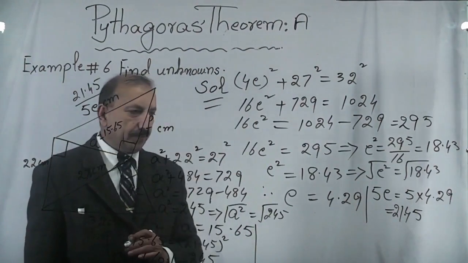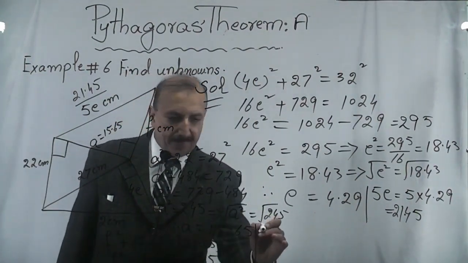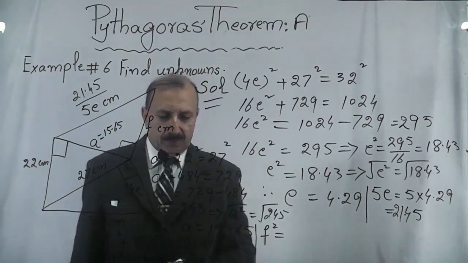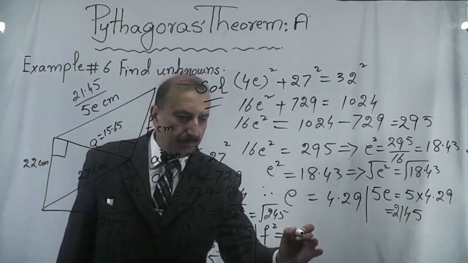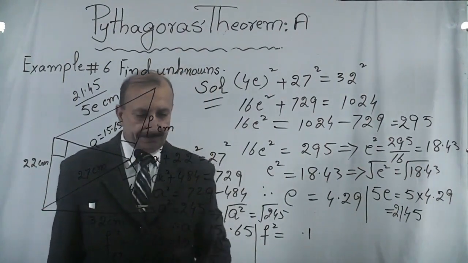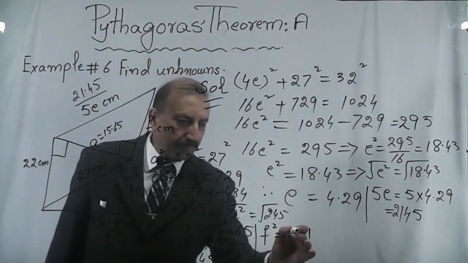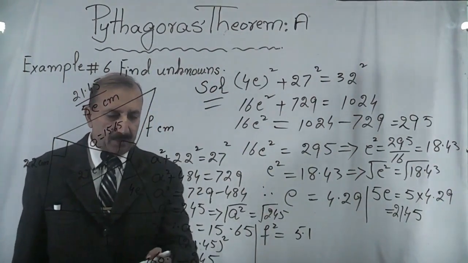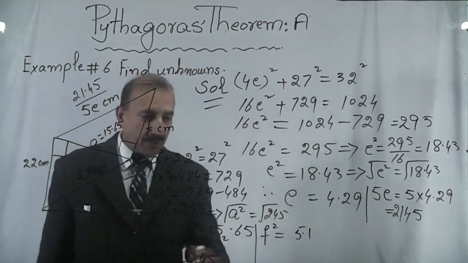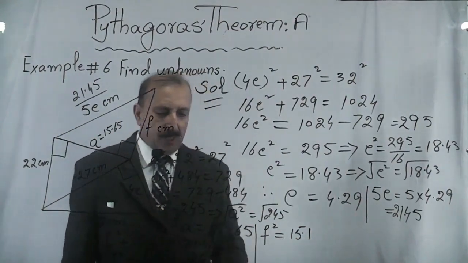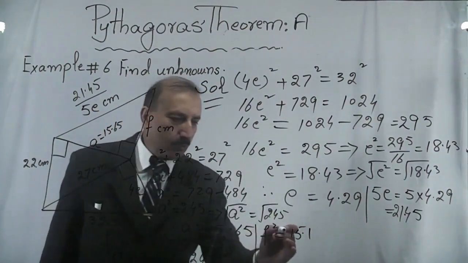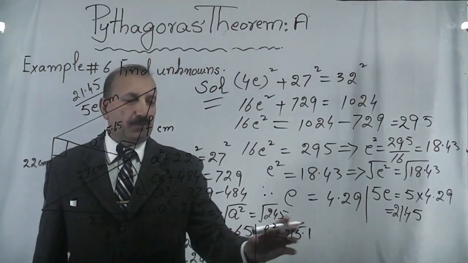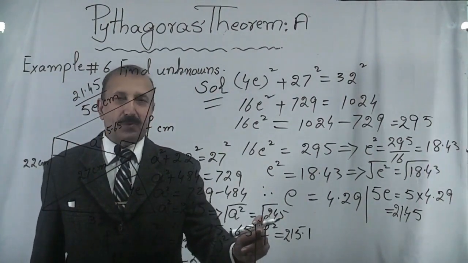let's draw a line here, and now this f square is equal to, this is 0.1, and this is 5 here, subtracting 5 from 10, and then subtracting 4 from 6, this is 1 here, and subtracting 2 from 4 is 2 here. 215 we got in front of f square.